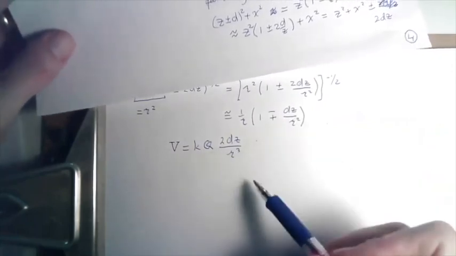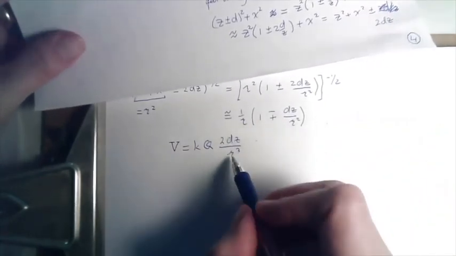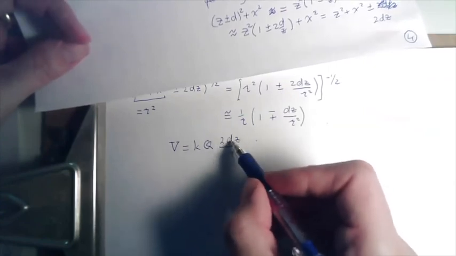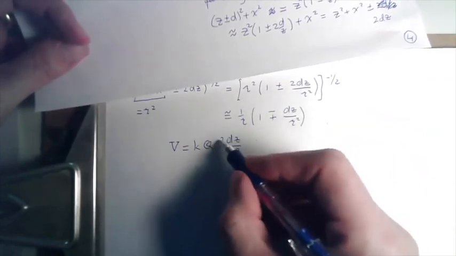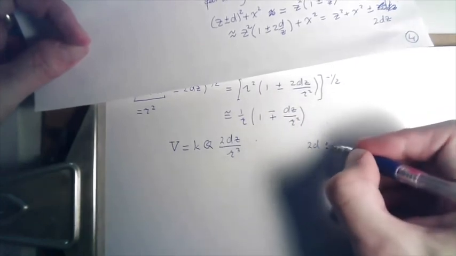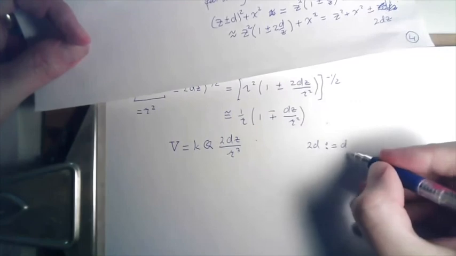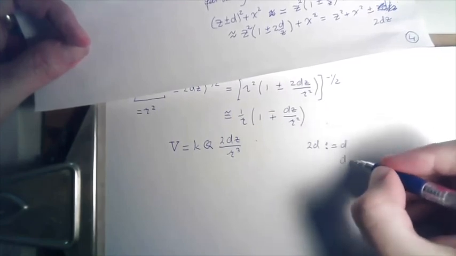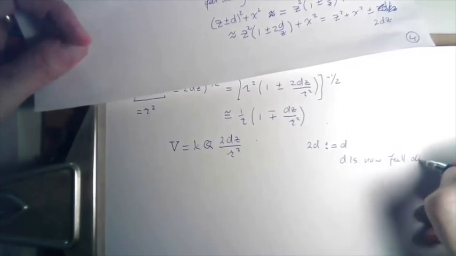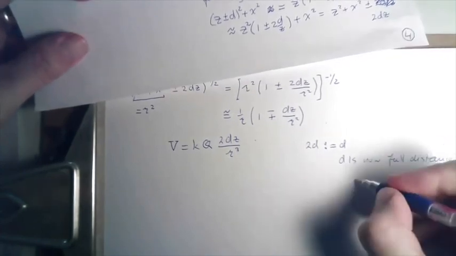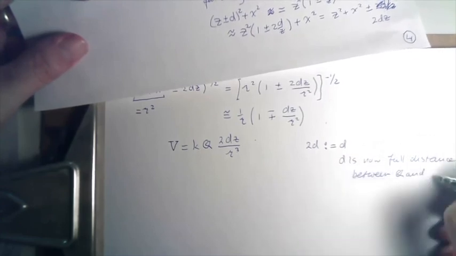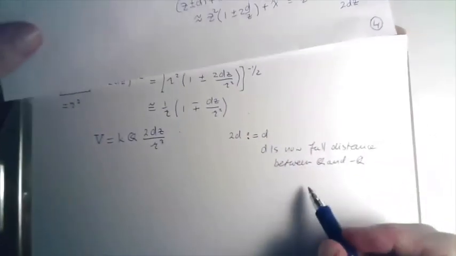Okay, this still looks a little tricky, but we can simplify it a little bit. I was saying earlier that this 2d, we were going to change it later, and this is the moment. So I'm going to say 2d now becomes d. So d is now the full distance between q and minus q.